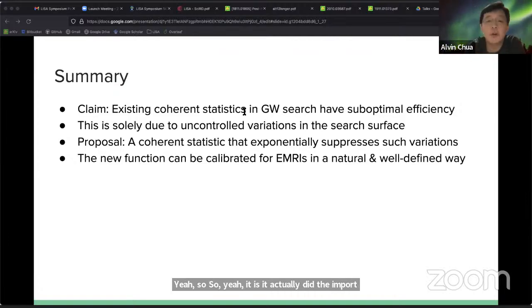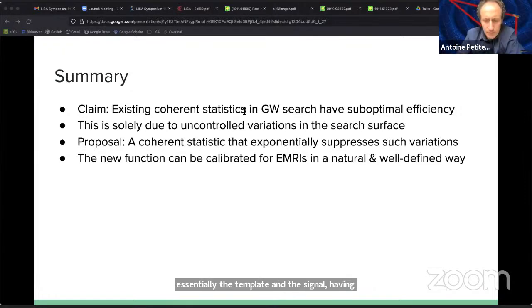You're absolutely right. For EMRIs, it is informed by the fact that the strongest secondaries, as I mentioned, are caused by the template and the signal having dominant modes that line up pretty much for the whole duration of the signal.